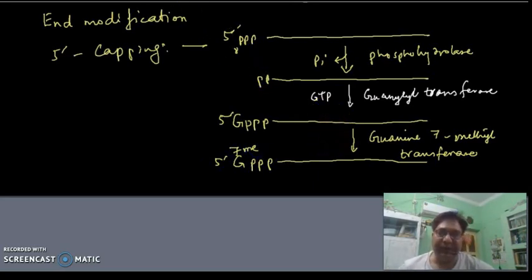And sometimes the second nucleotide, which is present at this position, also might get methylated at its 2'-O position. This methylation occurs in certain mRNA, not in all mRNA. So either a single guanine molecule or the second one gets methylated. This process is called 5' capping.